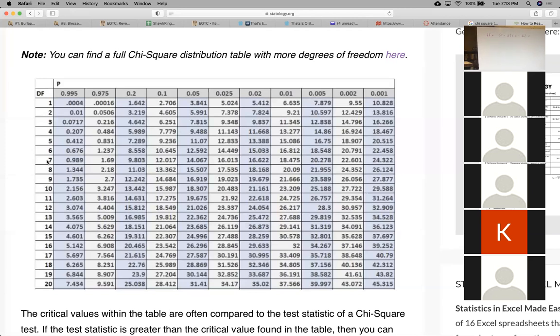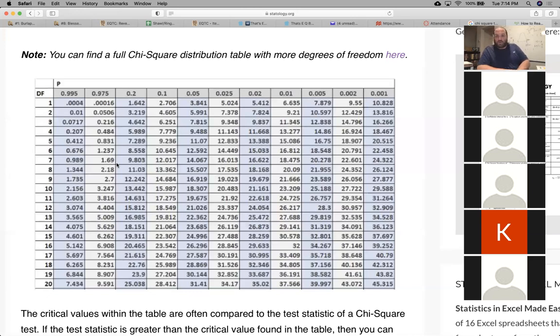Can anyone take a gander, without looking in the book, at what r and c are referring to? Anyone take a guess?